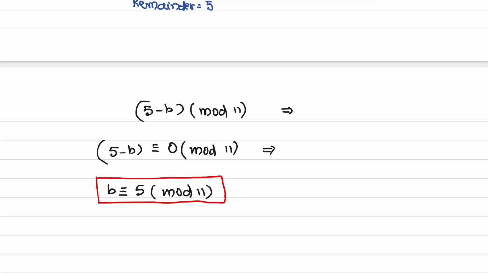Now, that implies b is equal to 11 into m plus 5. The meaning of this is this. Now we substitute this value in the original equation.